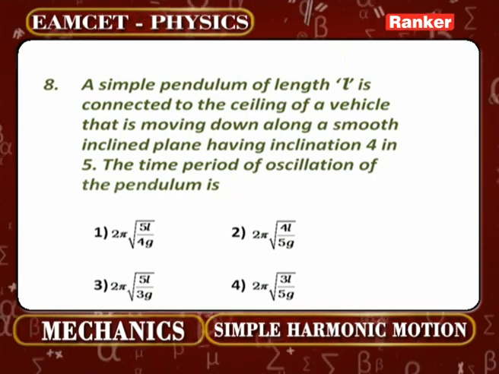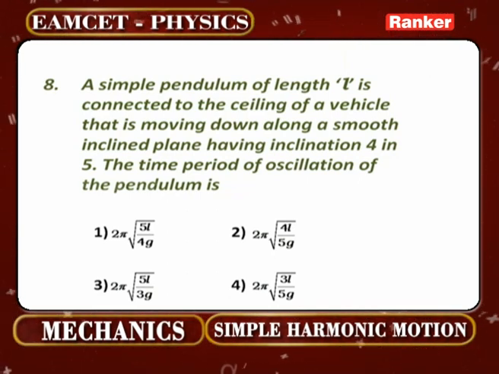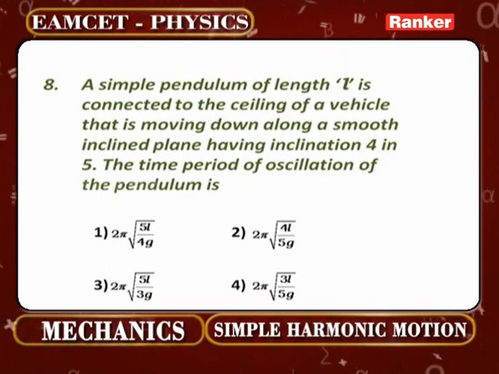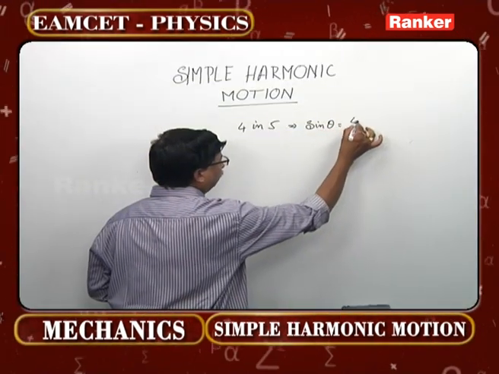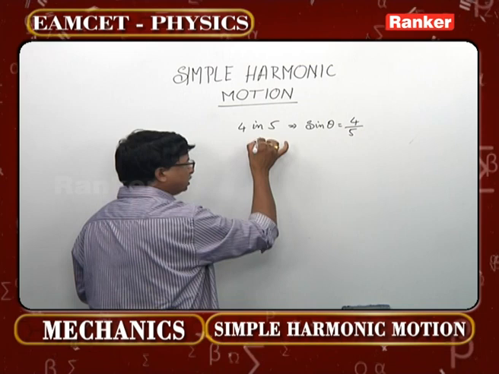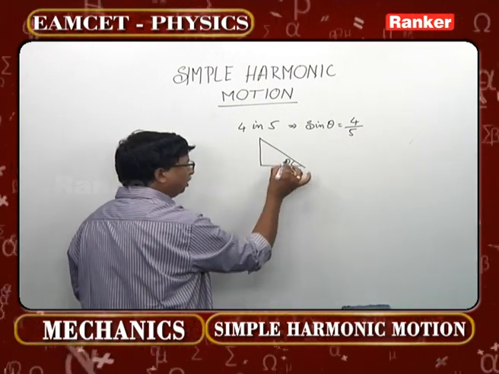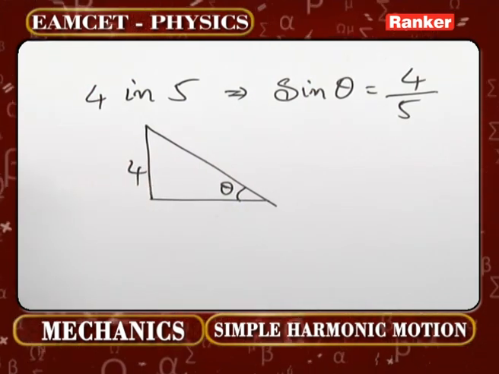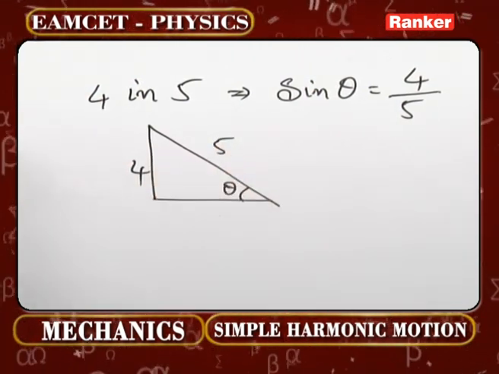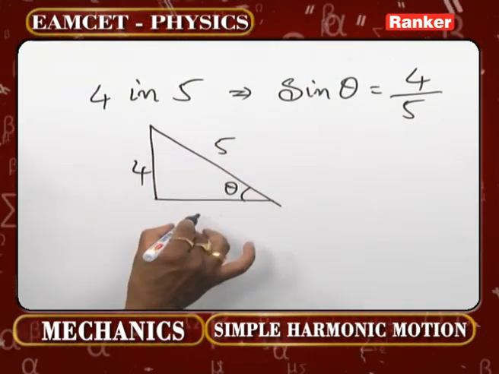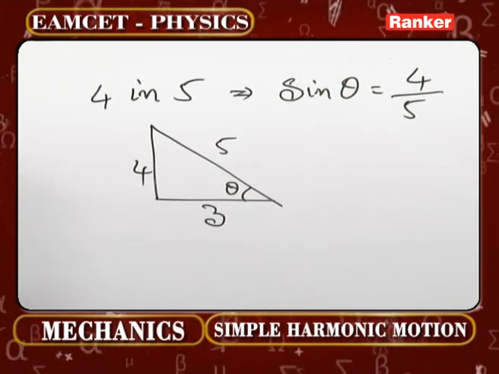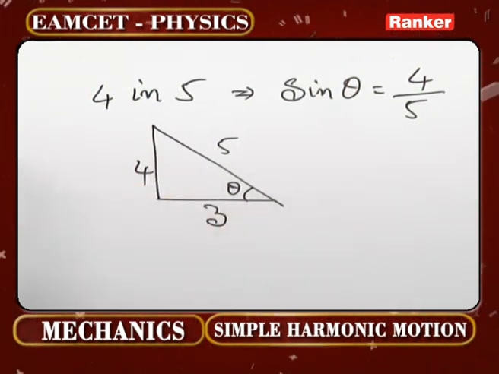Sin θ value over here is 4 by 5. That means if I imagine a right angle triangle taking this as θ, the opposite side value must be 4 and the hypotenuse value must be 5. Then automatically the adjacent value must be 3, you can identify by Pythagoras theorem.